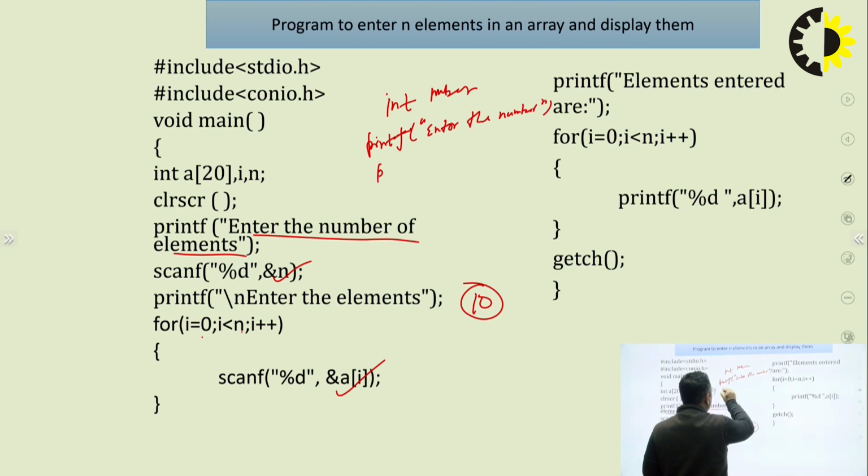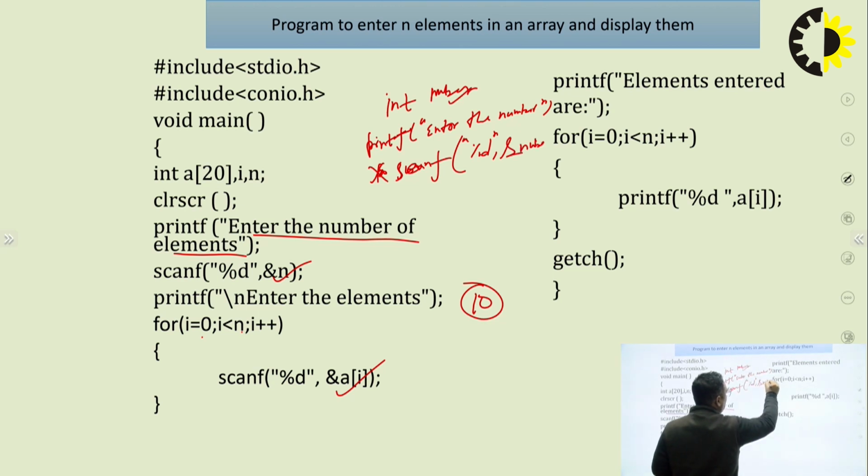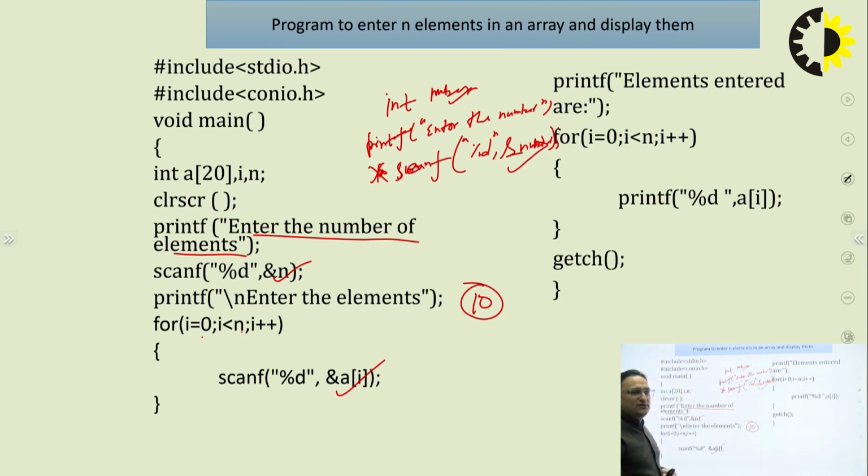And then you do scanf, and ampersand number. You are storing the number into this variable number, right? So this is how you are taking input from the user, through the scanf.